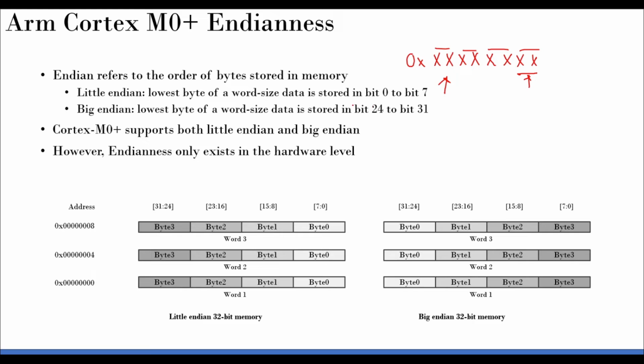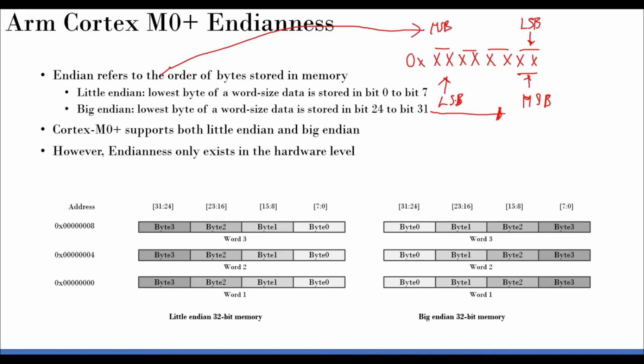If it is little endian, the lowest byte will be stored in bit 0 to 7, so this will be the LSB and this will be the MSB. But if it's big endian, the lowest byte will be stored in bits 24 to 31. For big endian, this will be the MSB and this will be the LSB.